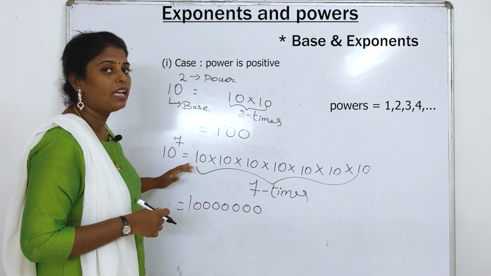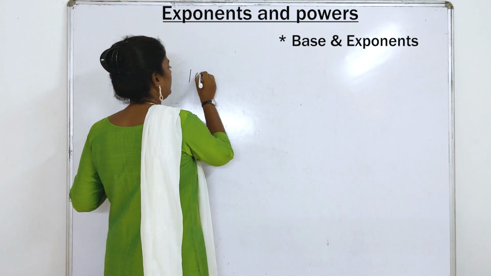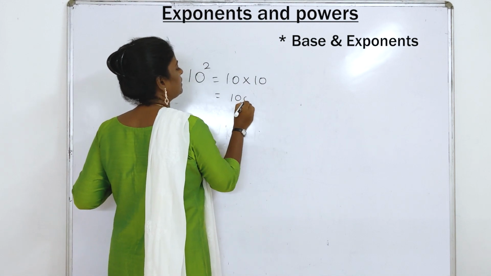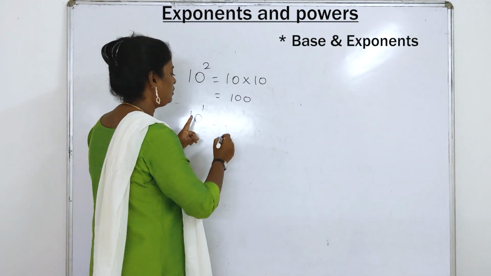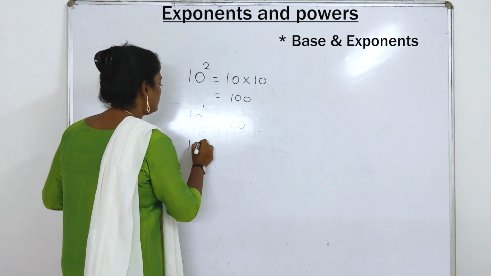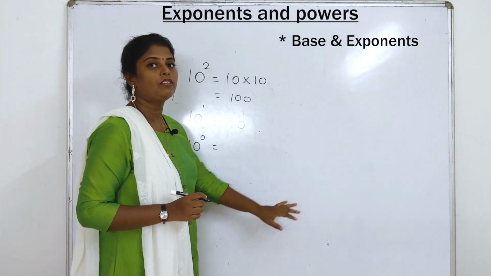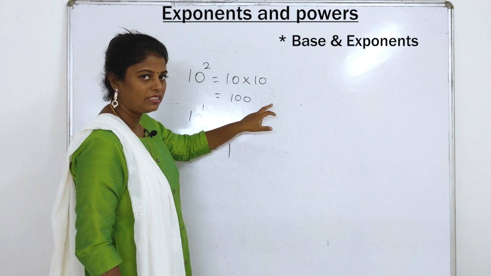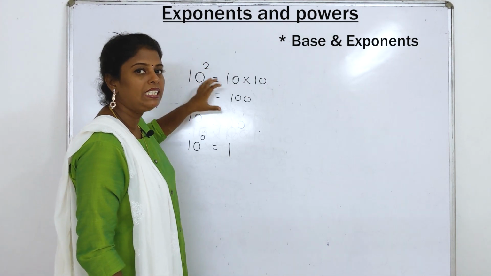Suppose the power of the exponential form is negative. First, for example, 10 square is equal to 10 into 10, and this is equal to 100 because we are multiplying the base 10, 2 times.